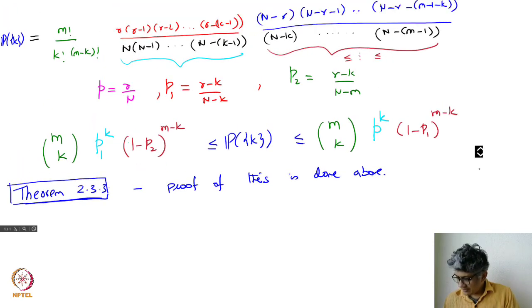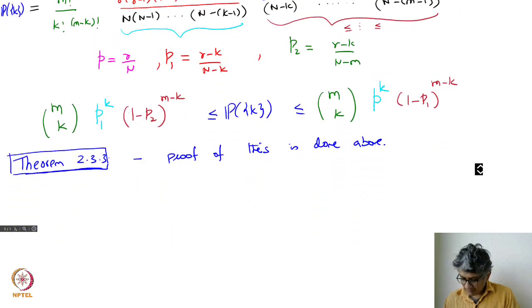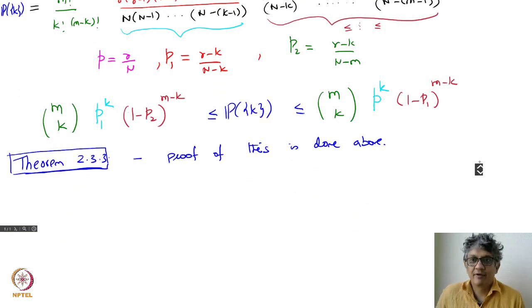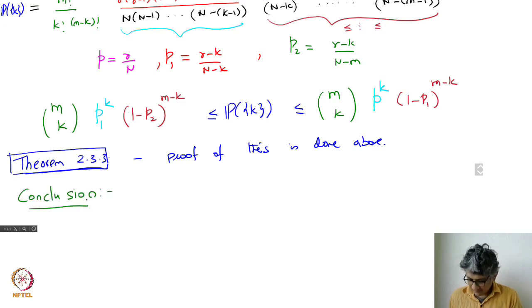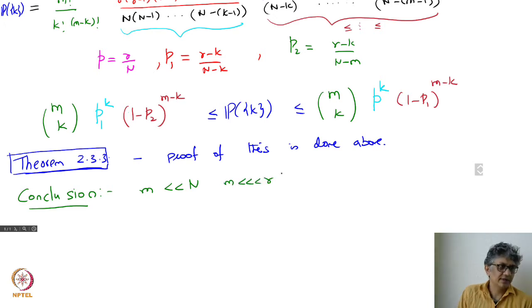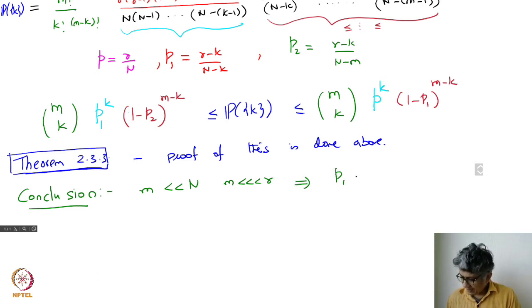Okay. So what does it give you? It tells you that P of K, the hypergeometric, is kind of close to binomial, but of course with different parameters on both sides. So the key conclusion is the following. If little m is much smaller than capital N, so relatively small, and also m is relatively small compared to R, so the number of people with characteristic R is also much larger than m, then this would imply that both P1 and P2 are kind of close by.